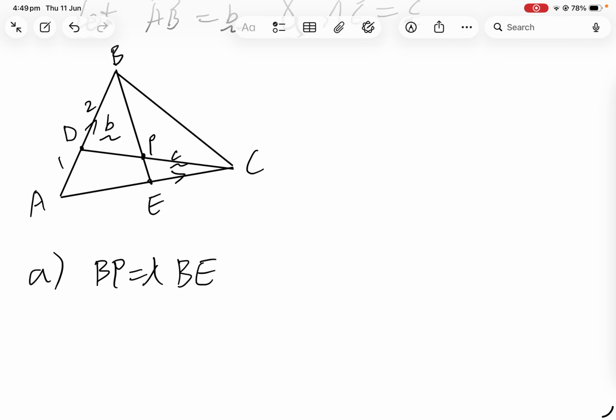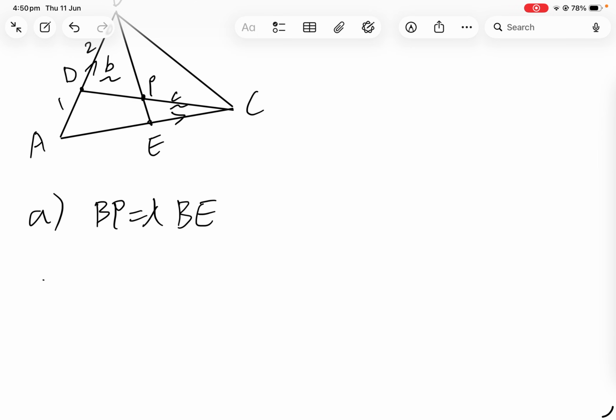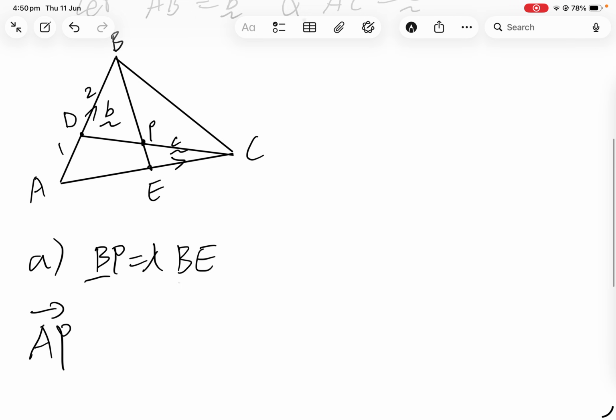And then express the position vector AP. Oh yeah, because they're using A as the origin, which is normally O, and that's weird. And it says I have to express AP in terms of b, c, and scalar lambda. So for AP, we have to use BP or BE.